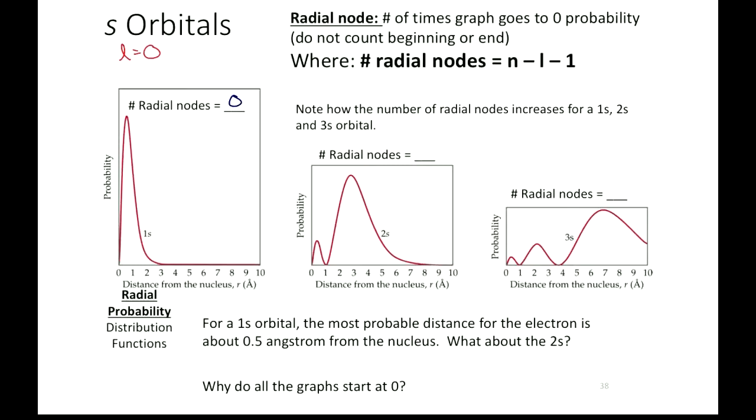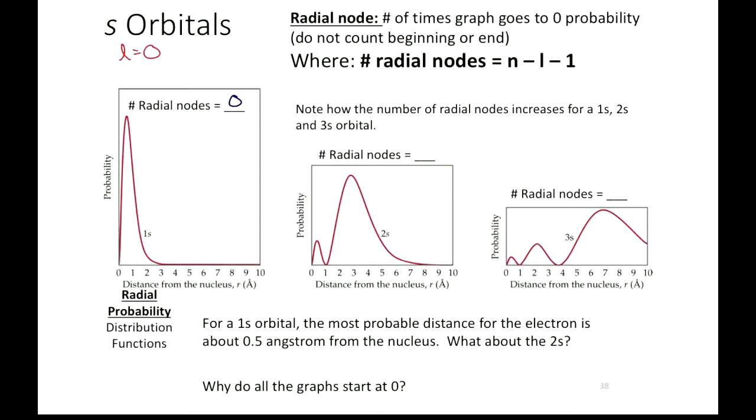But if we go to this next shape, for a 2s orbital, what this graph is trying to tell you is that there's a small probability you'll find that 2s electron closer to the nucleus, kind of in the 1s region. But the majority of the time, you will find that electron in that 2s spherical region. You'll never find that electron between 1s and 2s.